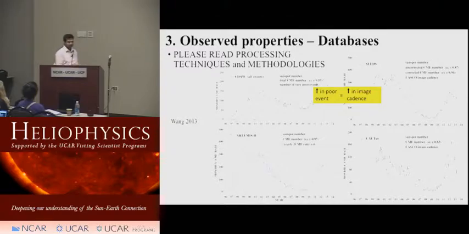This caused a lot of confusion and people were wondering what's going on. But once you get under the hood of what's going on, in an example of this particular catalog, CDAW, which is done by manually measuring all the CMEs, what has been found, and not necessarily written in the papers, is that at this point in 2006, the actual cadence of the images, the number of images per minute taken by the coronagraphs, increased dramatically.